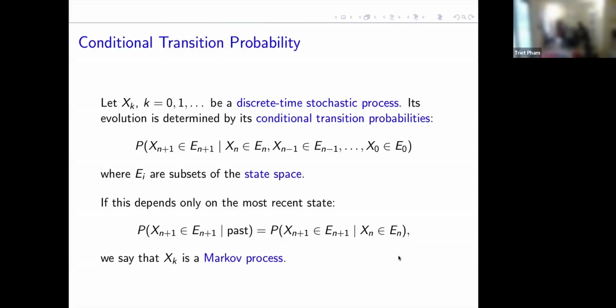All right, so here we define the word transition probability. And so basically, it's about how to go, given, you can think of this as a history, the history of the process.